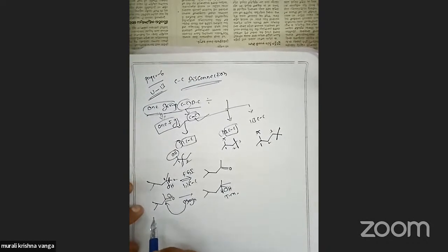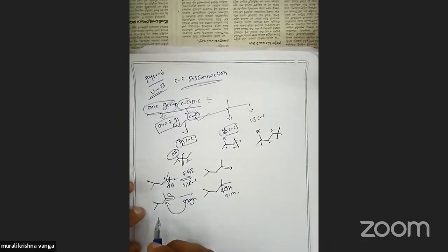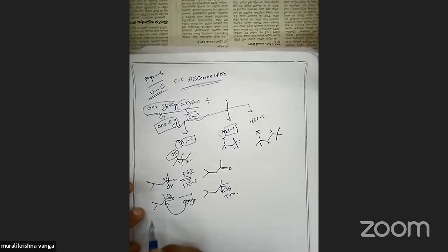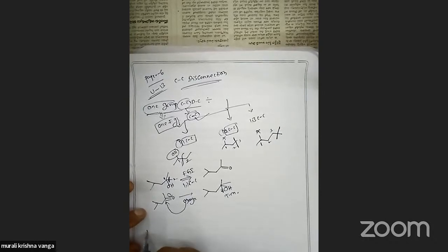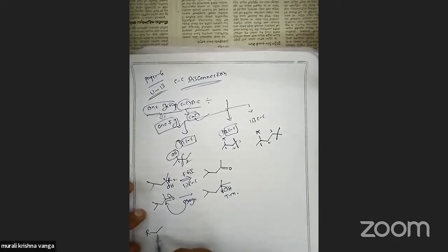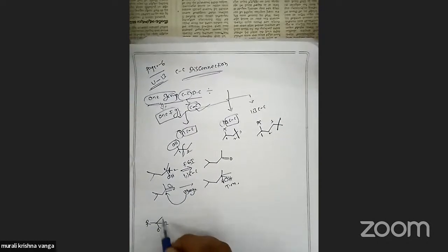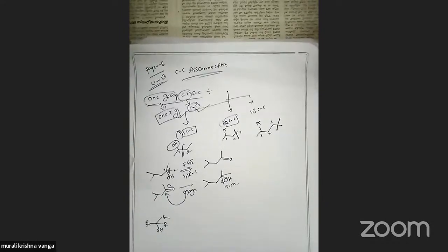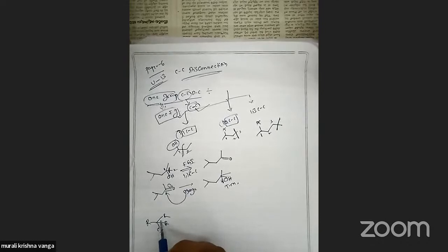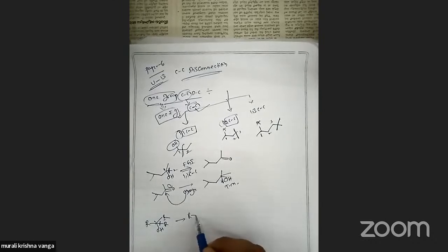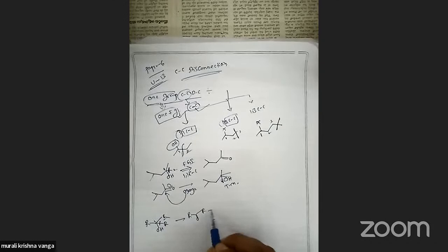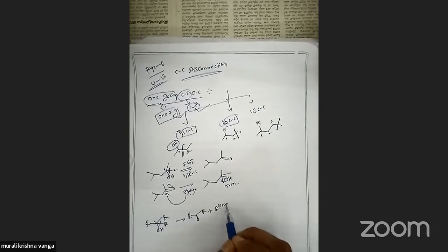Another example I'm going to discuss, the example in your notes. In this case, this bond undergoes disconnection, the first carbon and second carbon, giving a ketone and a magnesium halide.